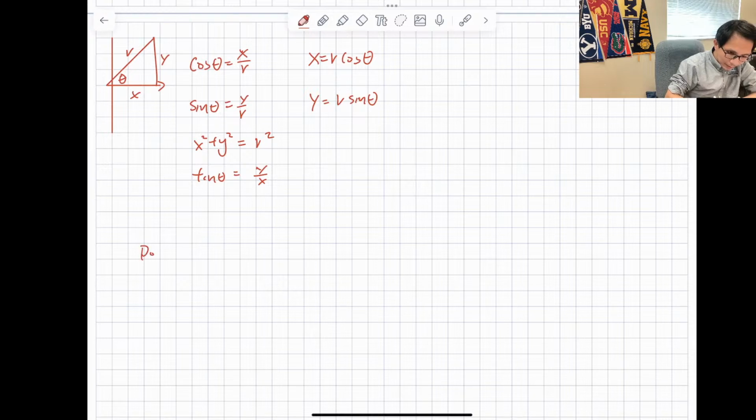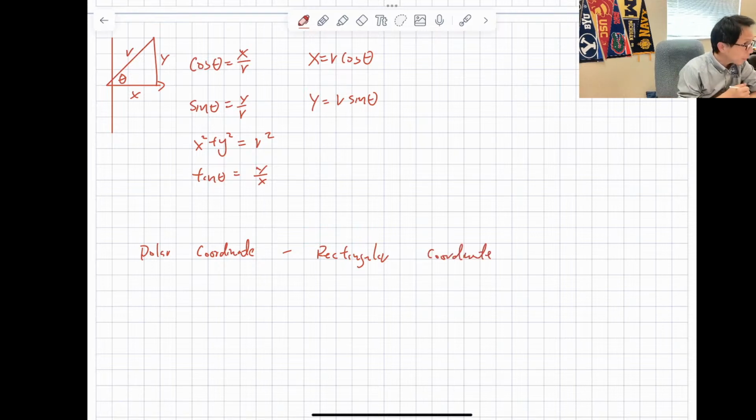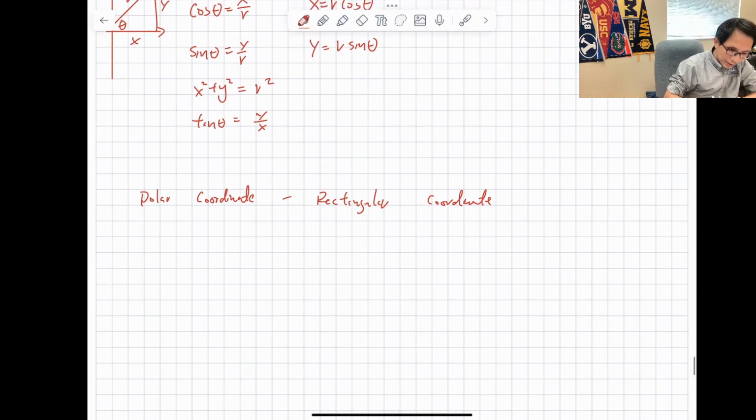The first objective is to convert polar coordinates to rectangular coordinates. So let's just say I have 3 and 2 pi over 3, something like this.